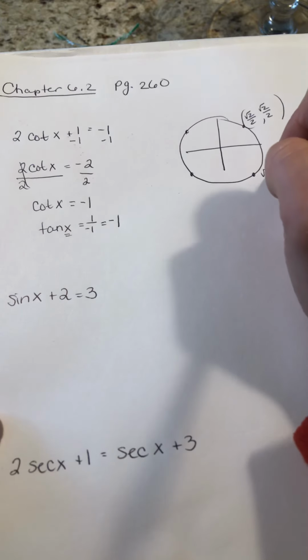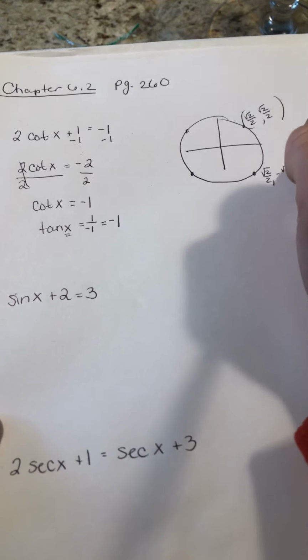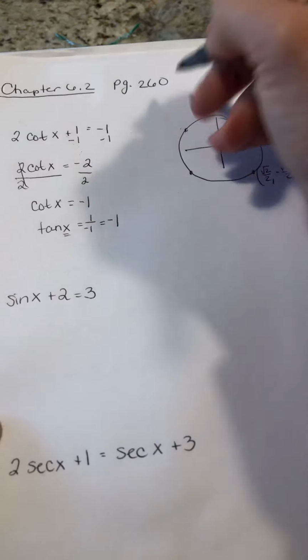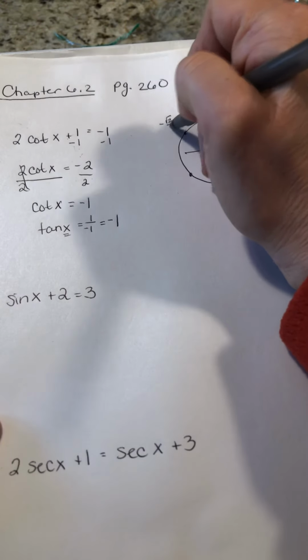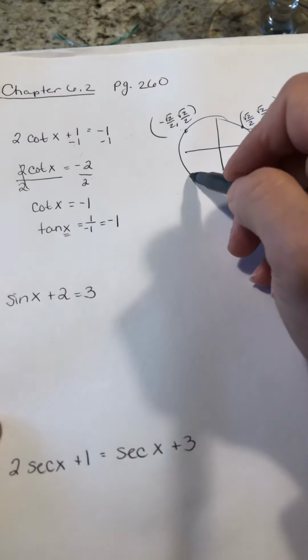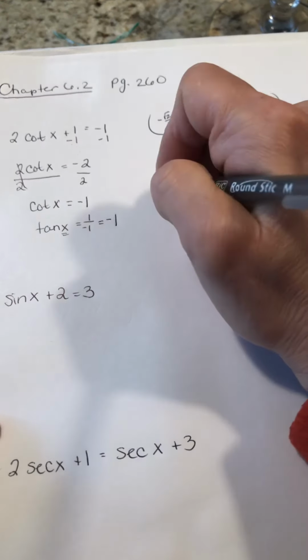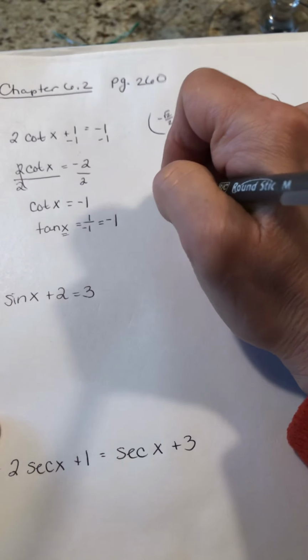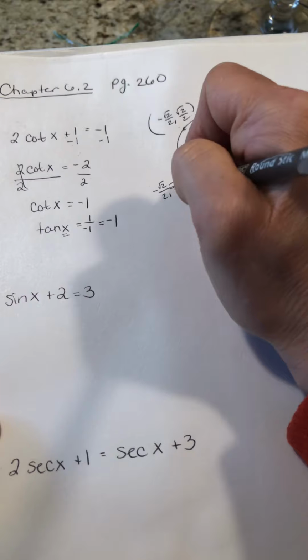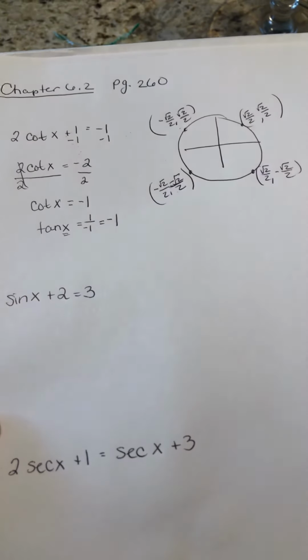Over here we have rad 2 over 2 comma negative rad 2 over 2. In the second quadrant, we have negative rad 2 over 2 comma rad 2 over 2. And over here in the third quadrant, both the x and the y are negative. And so there we go.